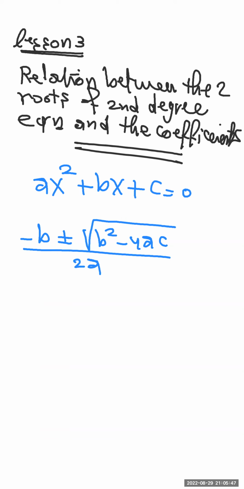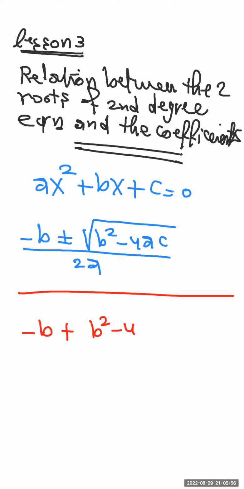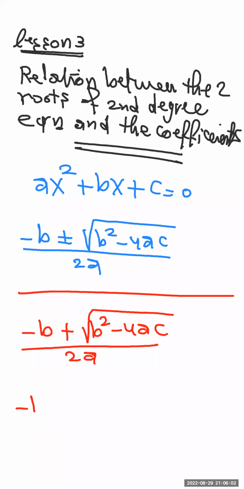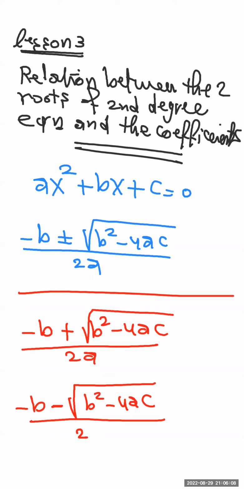So this means the two roots of the equation, one of them is negative b plus square root of b squared minus 4ac over 2a, and the other one is negative b minus square root of b squared minus 4ac over 2a. Okay.